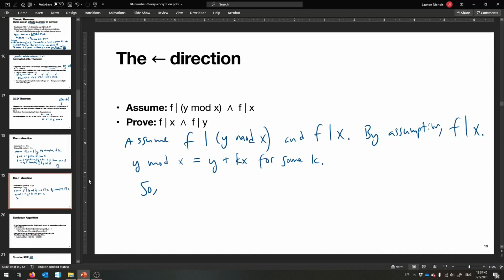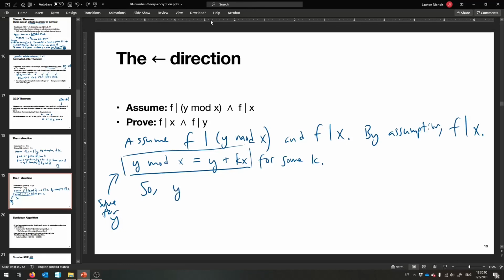So y mod x equals that. Can we solve this for y? Y mod x, all this stuff right here. Solve that for y, because that's what we wanted. We wanted to find a way to make y.